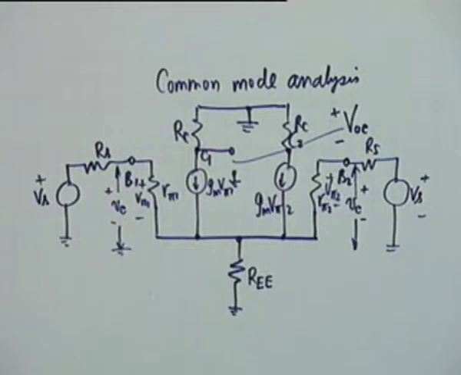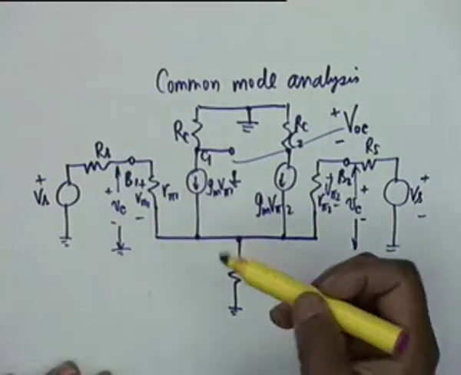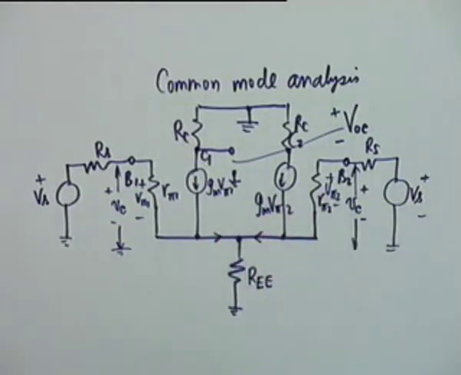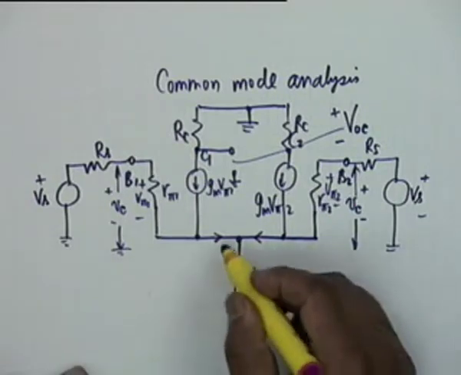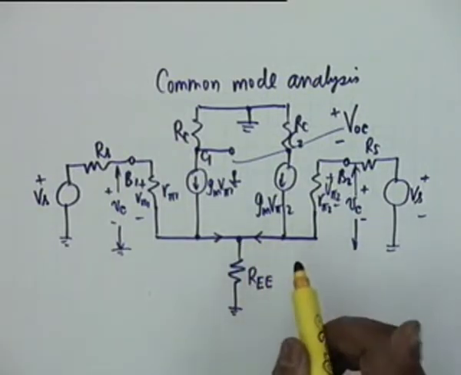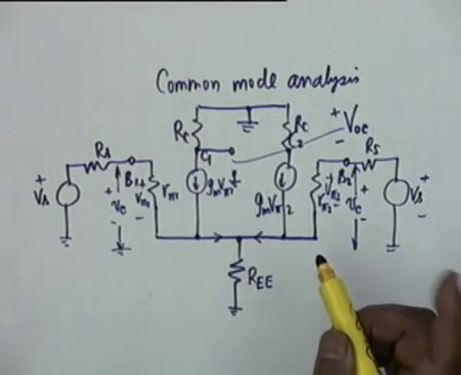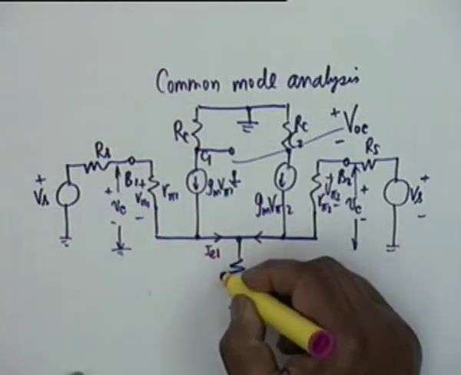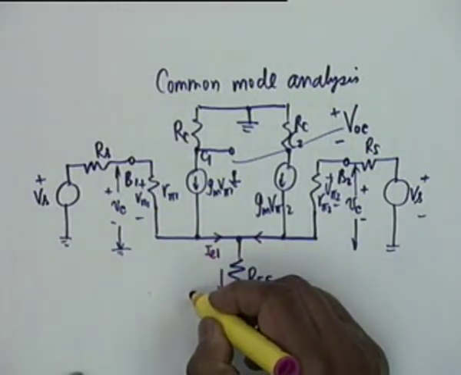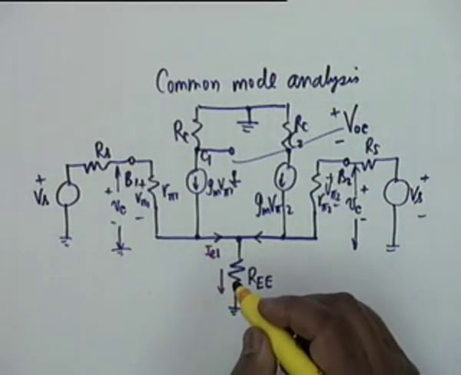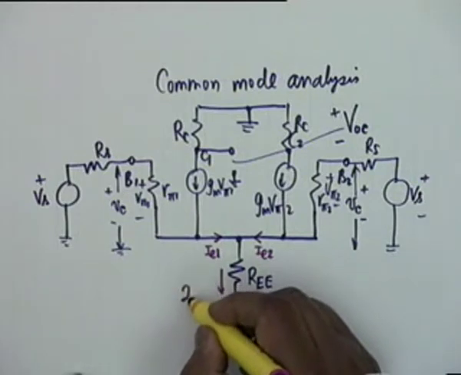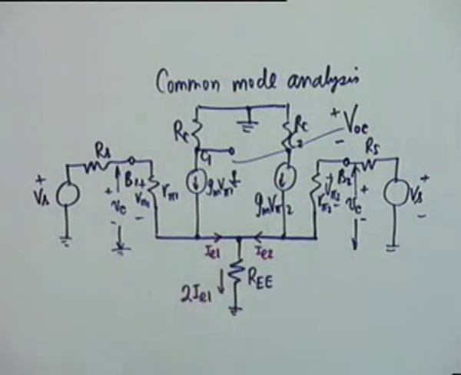Now, because of symmetry, this current and this current shall be identical. It is not equal and opposite as in the differential mode, which means that if this current is IE1, then this current would be IE1 plus IE2, which are identical, and therefore this will be twice IE1 or IE2.